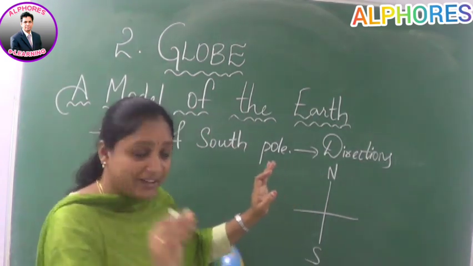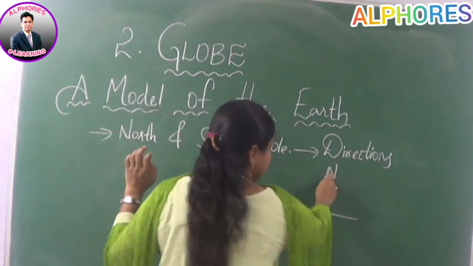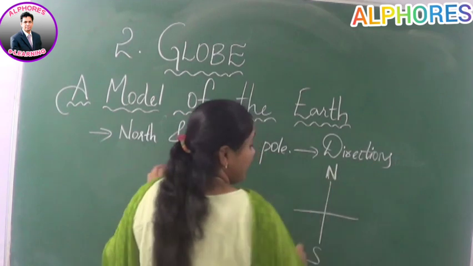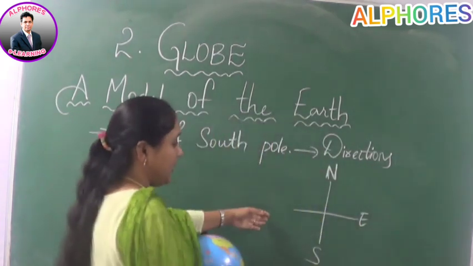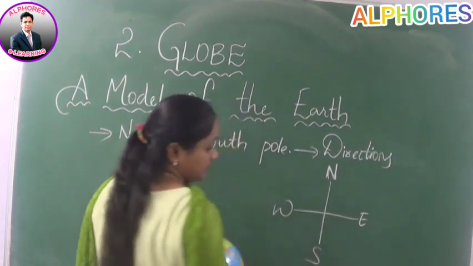Every time, remember children, when we are facing in this direction, our right hand shows the east and the left shows the west.